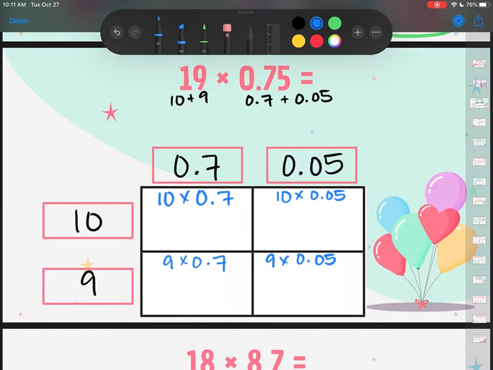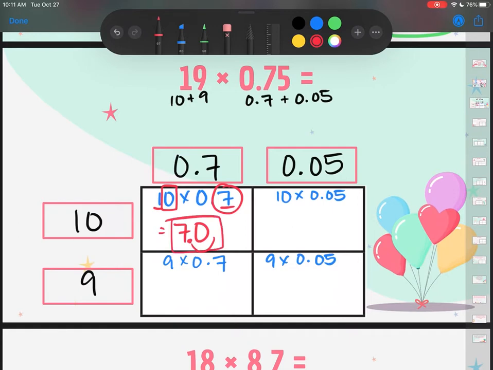Remember, these problems can all be solved using mental math, right? So let's do 10 times 7. So we're going to look at our numbers that aren't 0, right? I've got 1 and 7. Well, 1 times 7 is 7, right? I've got this 0 that I did not use. So I'm going to add it on to the end. But then I've got one number to the right of my decimal place.